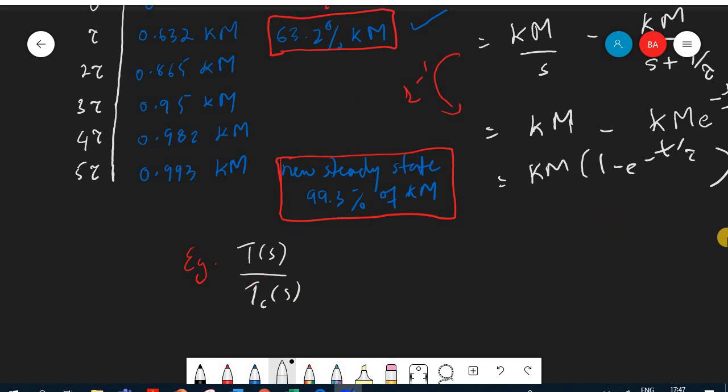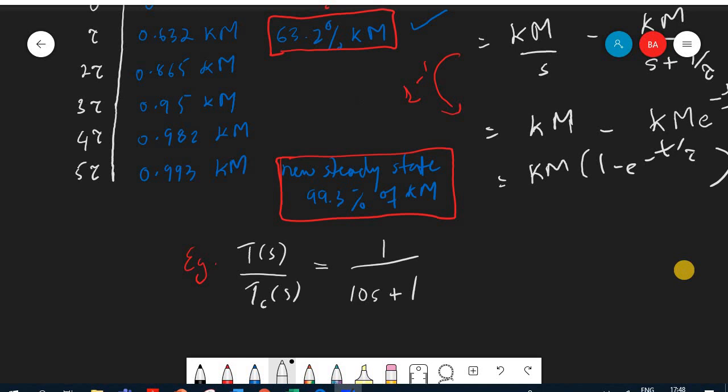So I'm saying that if there's a change in the coil temperature, I change the coil temperature from 20 degrees to 30 degrees. Okay, so if I do this change here, and this is my system, for example, this is 1 over 10 seconds s plus 1.